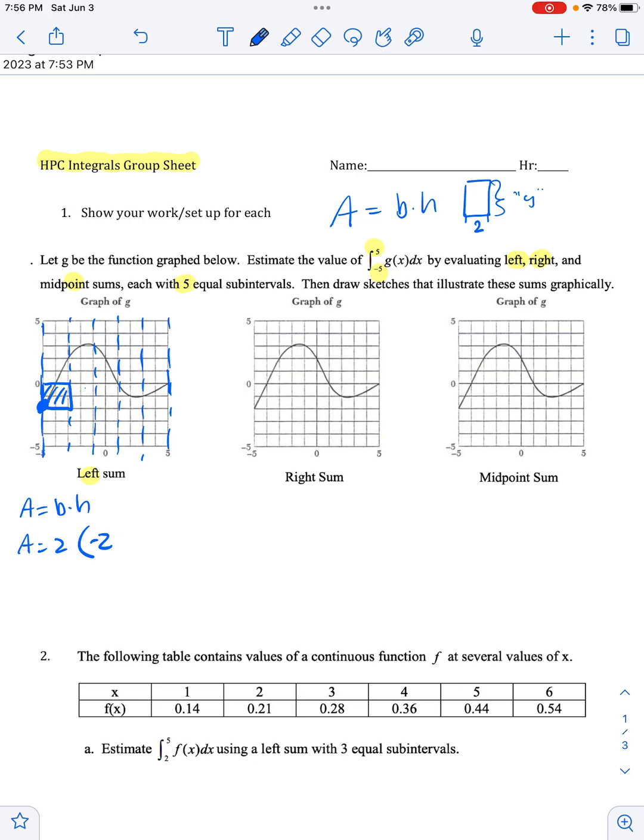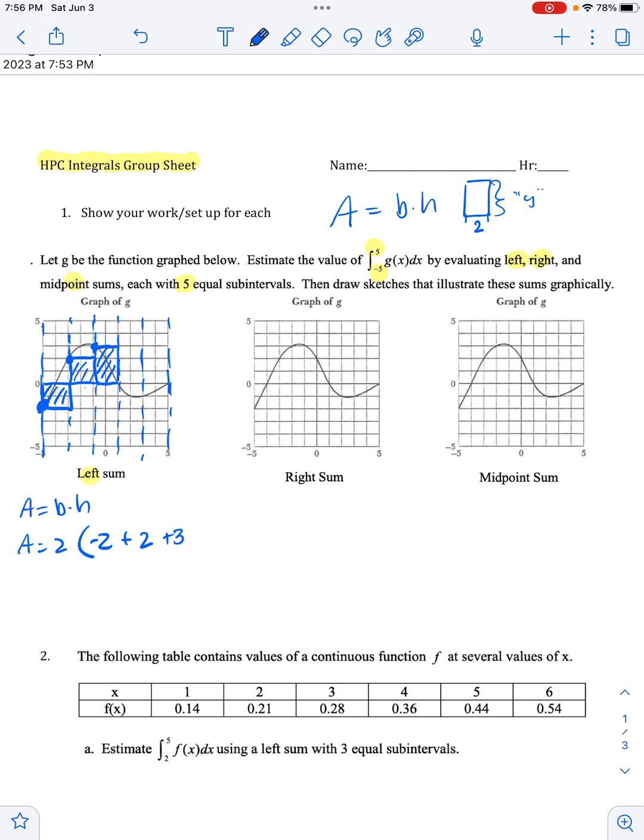Anything above is positive. Okay, then my next one is right here, and I can see that the left end would be right there at +2. Then on the left end of this next interval, I'm up here and I go over and then I create a rectangle that is 2 across the bottom and 3 high.